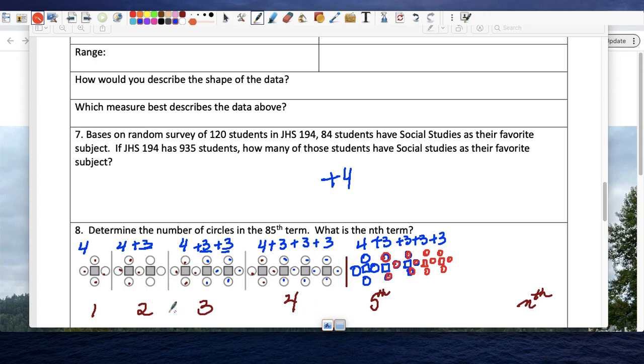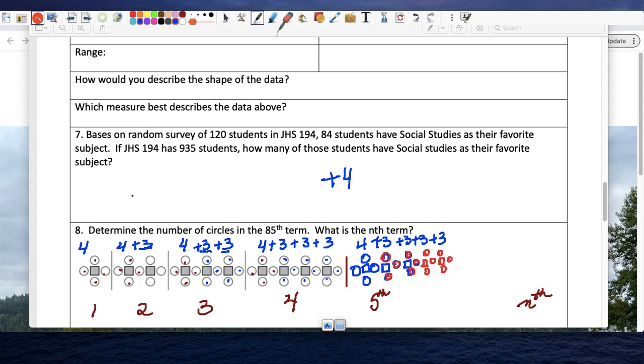So how do I relate the term with the groups of 3? So it's 2 times 3. This one is 3 times 6. 4 times 9. 5 times 12, or 5 times 4 times 3. So it's always going to be the term. So let's see.